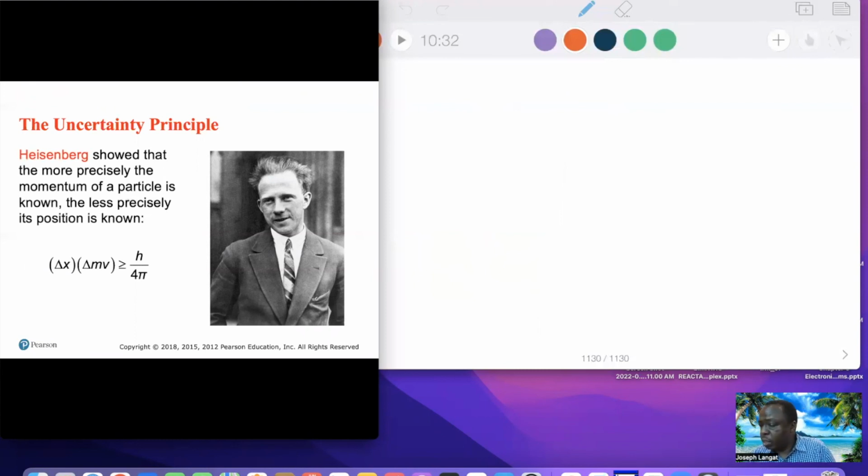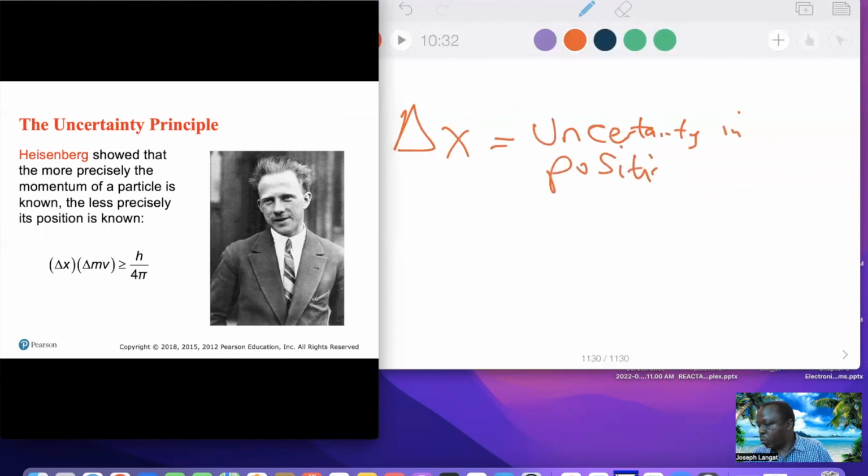This is Δx. Uncertain, you are not certain. Position, you have to know x is position. And this is uncertainty in velocity.